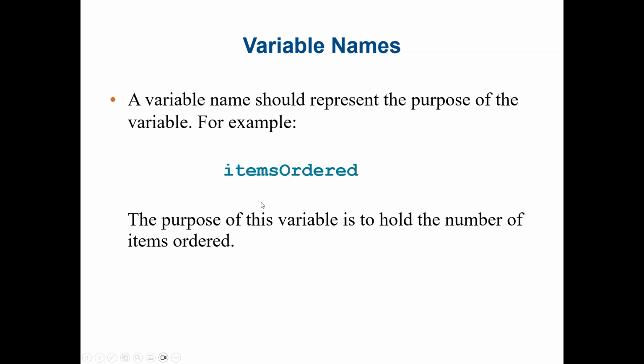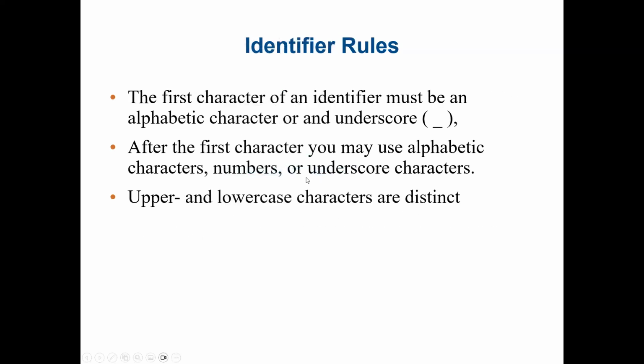So if I want to store a student's exam grade, maybe I'll name the variable studentGrade. The purpose of this variable is to hold the number of items ordered, so the name corresponds to the content.